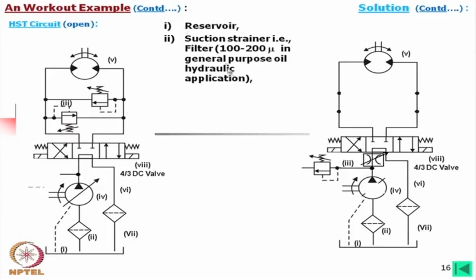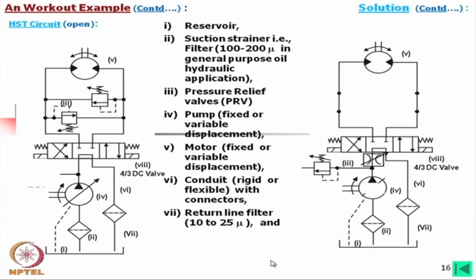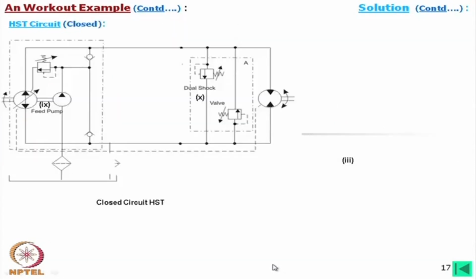Now, again, while you are trying to answer such questions, you should name all the components like this. This is the same as what we have discussed earlier. Now, also we can go for a closed circuit. Mainly we may choose the closed circuit for this particular transmission, because we have seen that while it is mixing and while it is discharging, it is having motion in both directions.